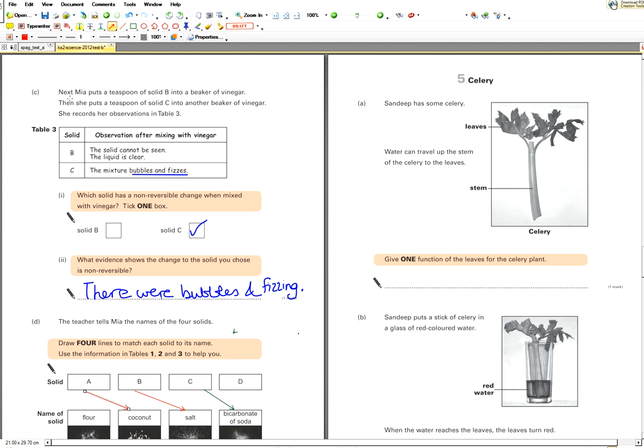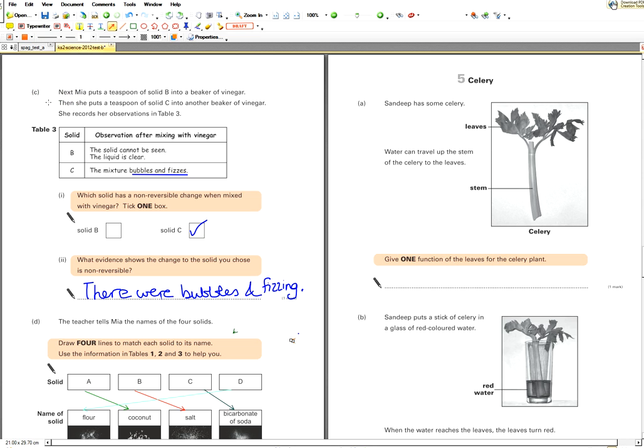And then B is flour. Hang on a second. And the last one's going to be what? Okay, let's change that color.